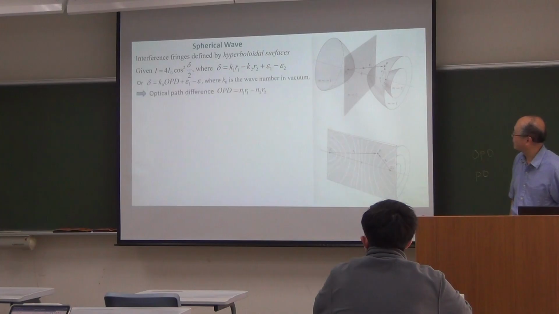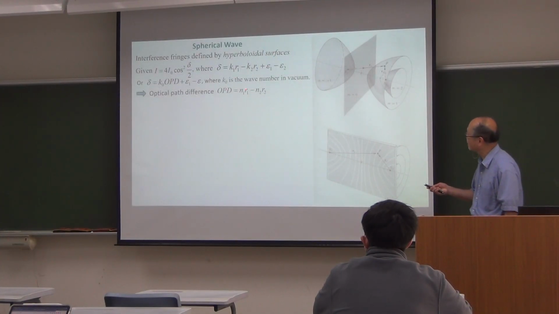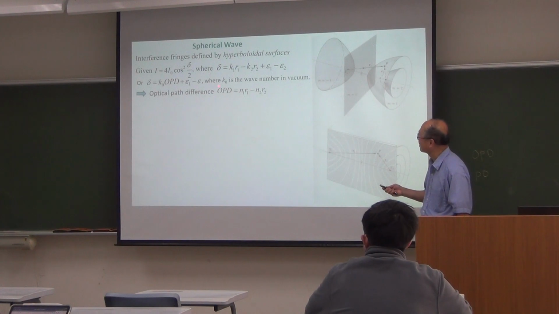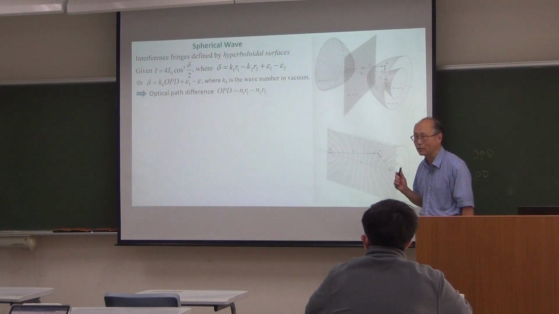If you look at how we define the optical path difference right here, there's a refractive index included in the calculation. But the actual path difference, in fact, is R1 minus R2.